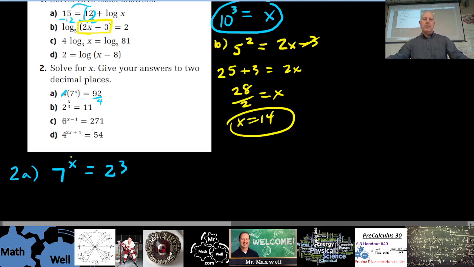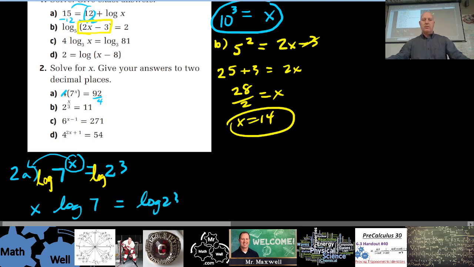Now, in order to get the x out of the exponent position, I take the log of both sides, because one special property of logarithms is that the exponent of the argument can come down in front. So x log 7 equals log 23, or x equals log 23 divided by log 7.